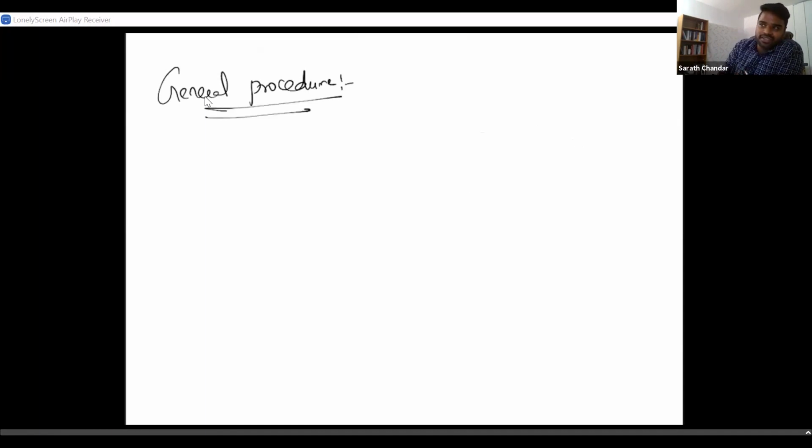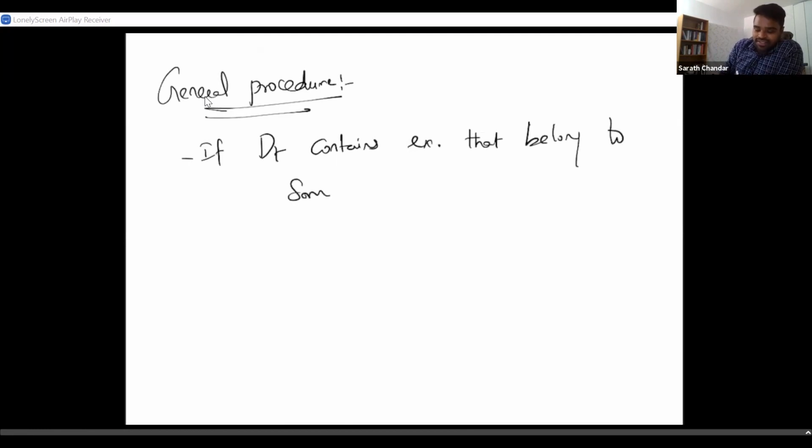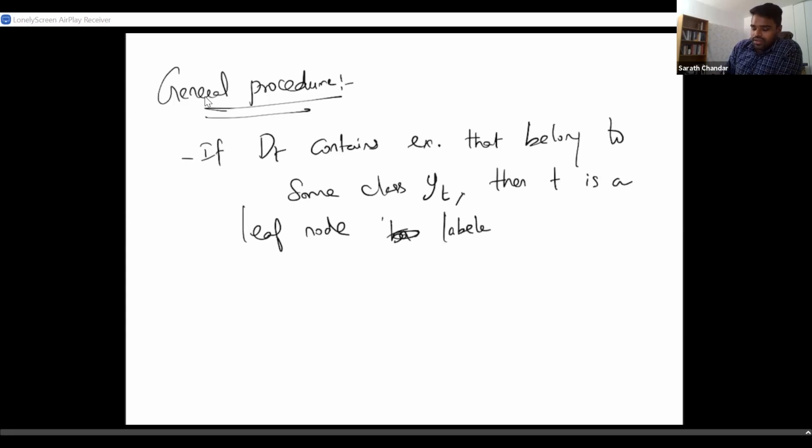The rough idea is, if DT contains examples that belong to the same class, YT, if all the examples belong to class YT, then you just stop the process here. T is a leaf node, and you label it as YT.